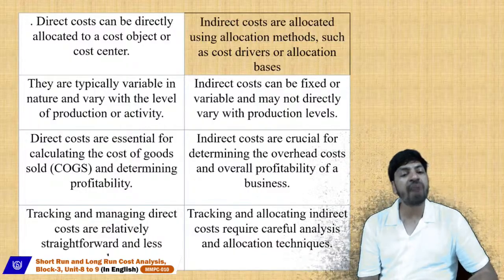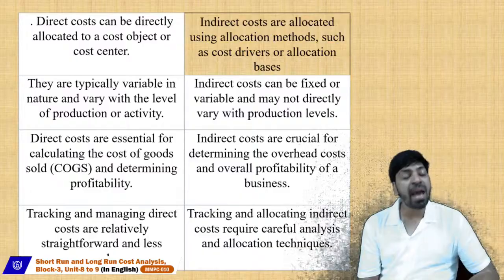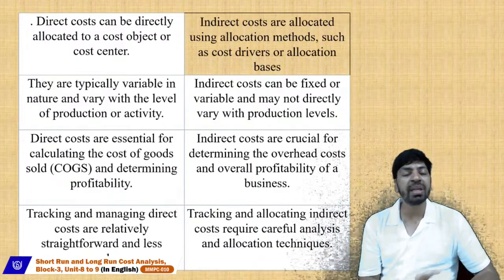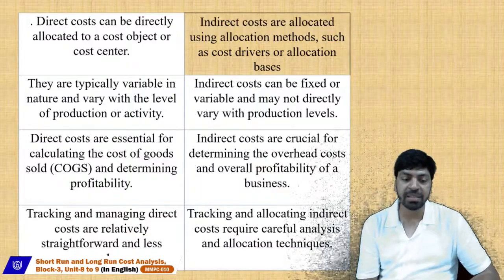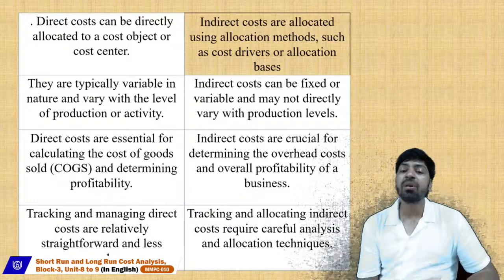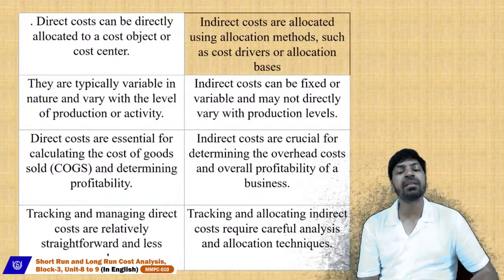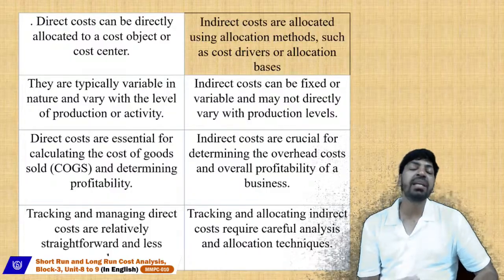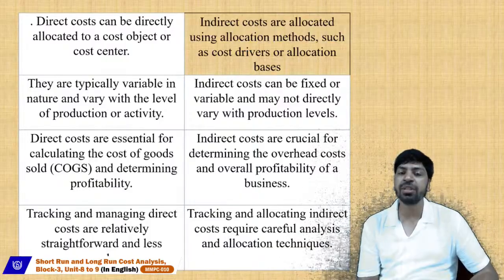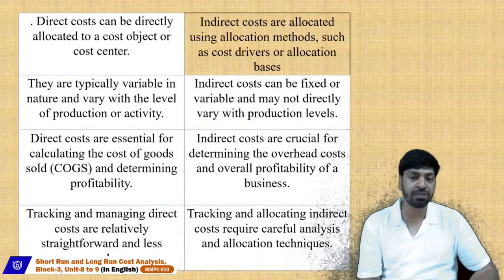Direct cost can be tracked and managed in a very straightforward way, is easily estimated, and is less complex. Indirect cost can be allocated, but it requires careful analysis and allocation techniques like cost drivers, allocation basis, etc.